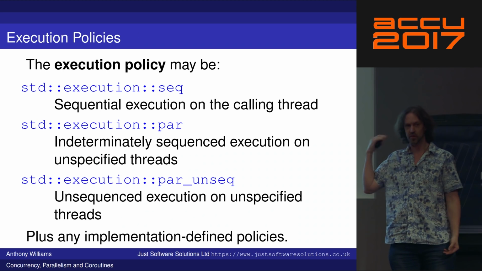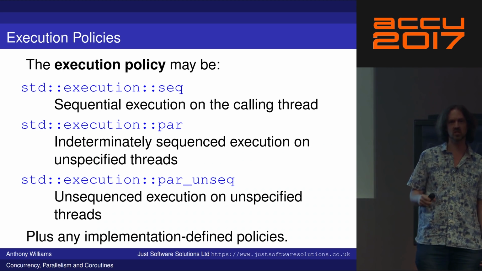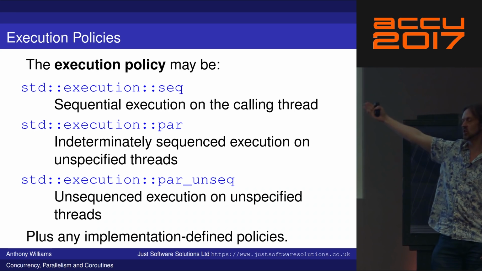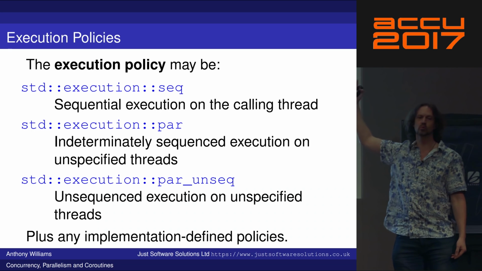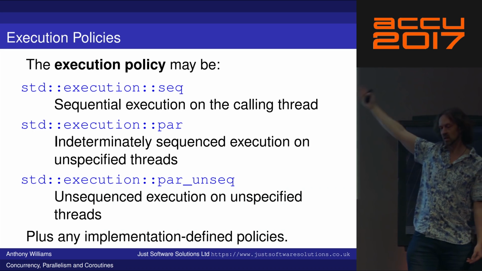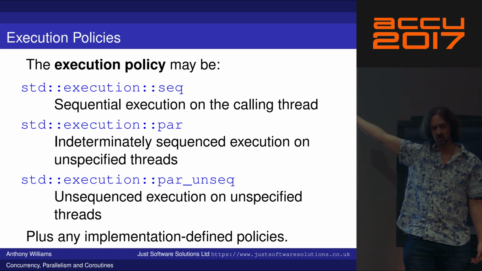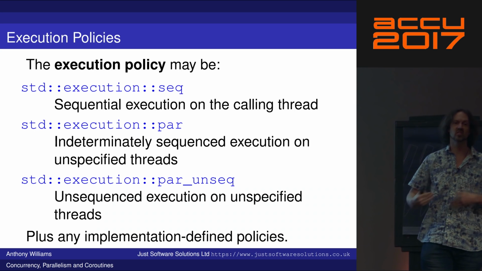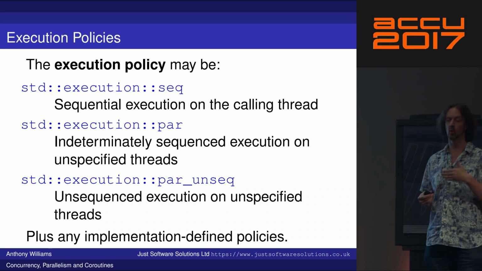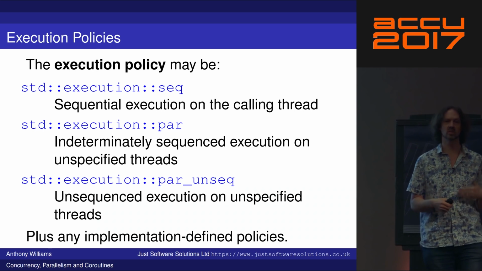We have three standard-provided execution policies. They're all in the std::execution namespace. The first is seq, for sequential, which just says it's going to run the same steps in essentially the same order, one at a time, as you would get with the sequential algorithm.